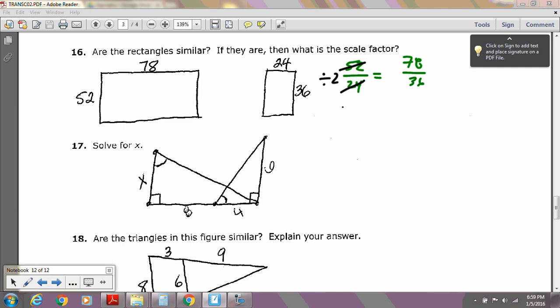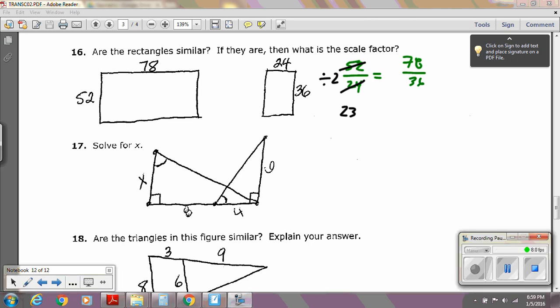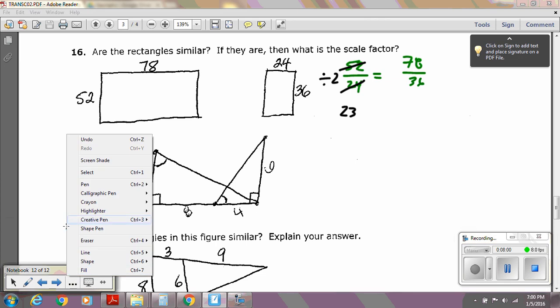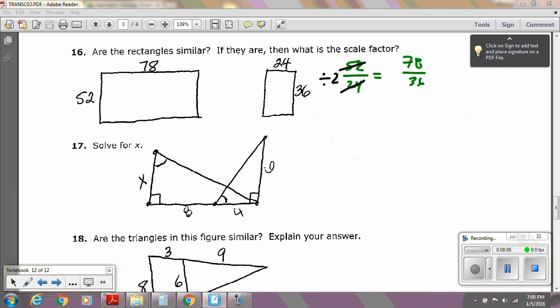I would end up with 26 over 12, which again can reduce by 2 to give you 13 over 6.